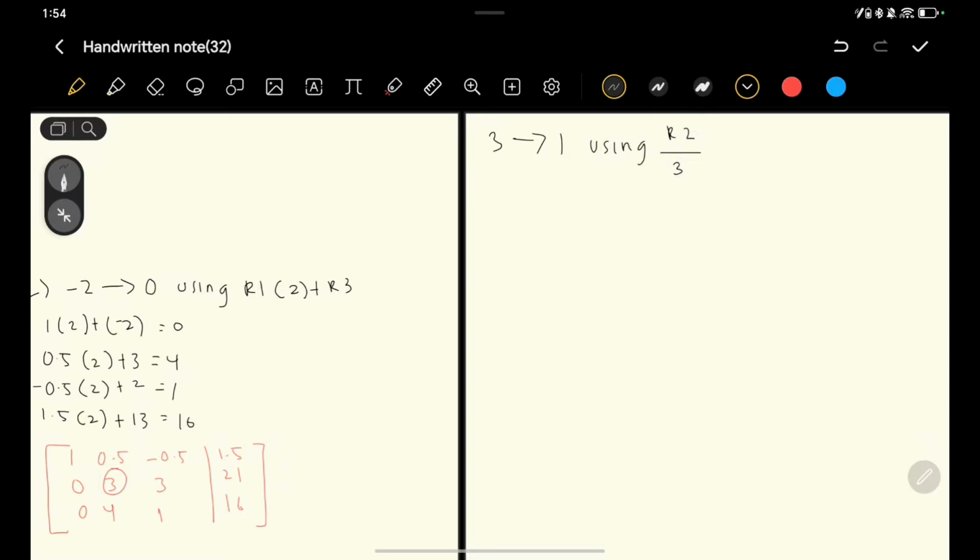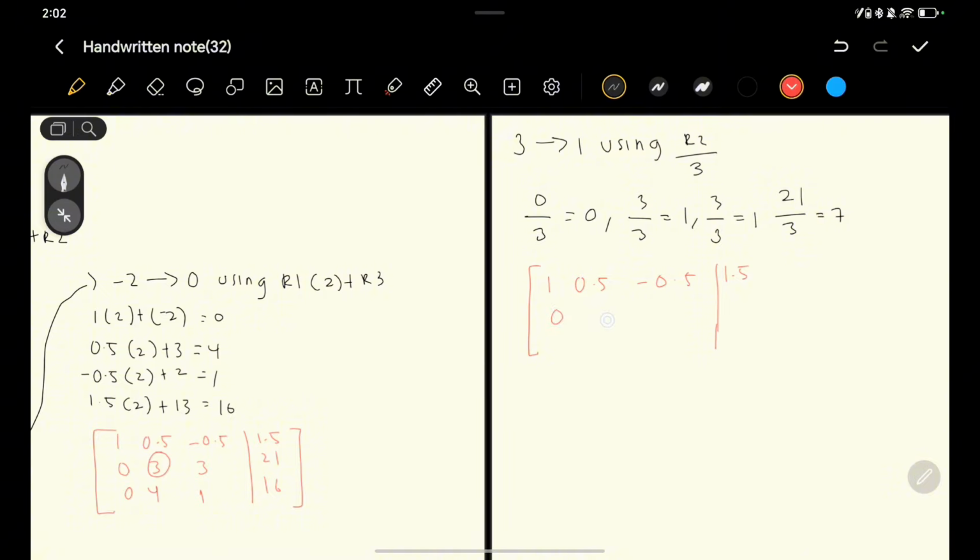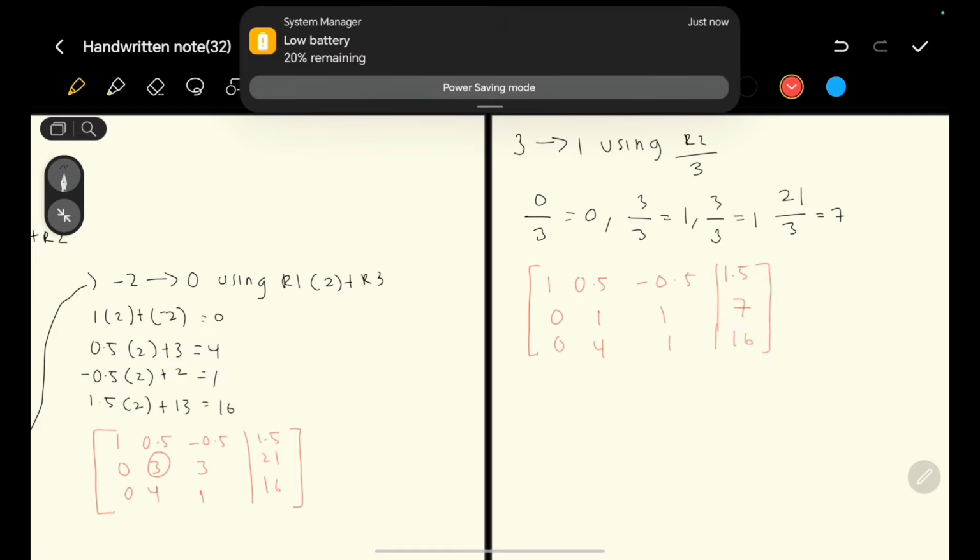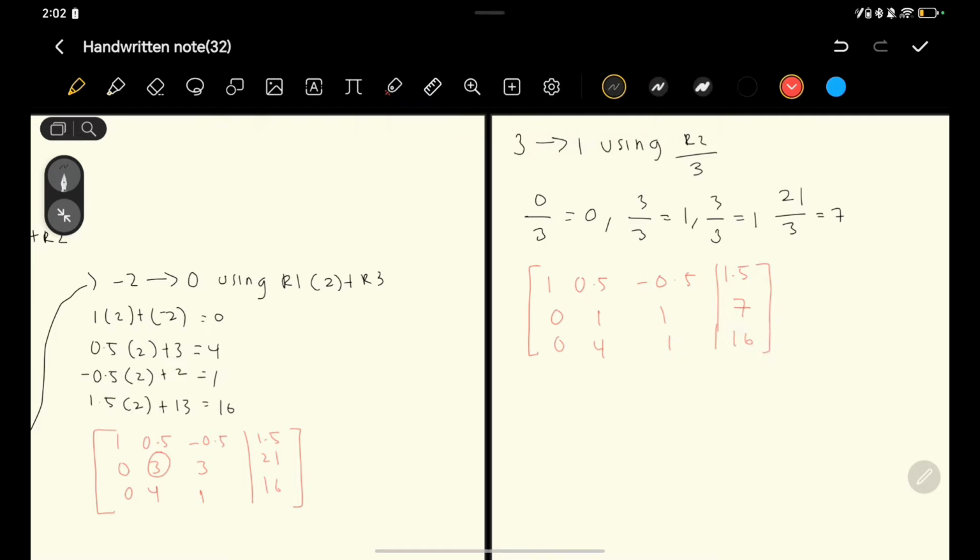Now we wanted to change 3 in row 2, column number 2 into 1 by using R2 divide by 3. So the rest number in row 2 must be divided by 3 also. Transfer the new value of row 2 into the matrix.